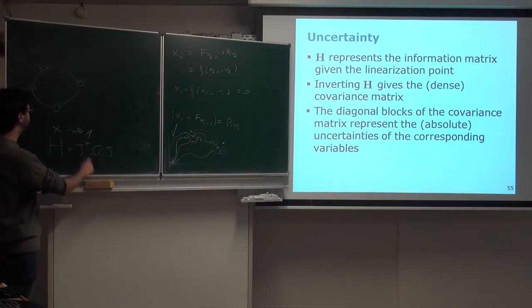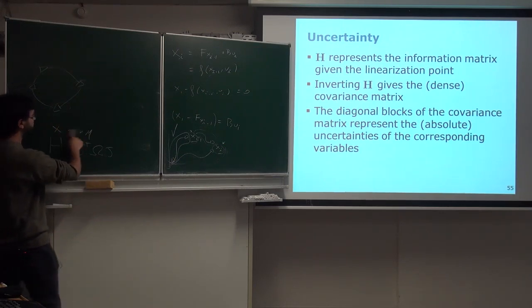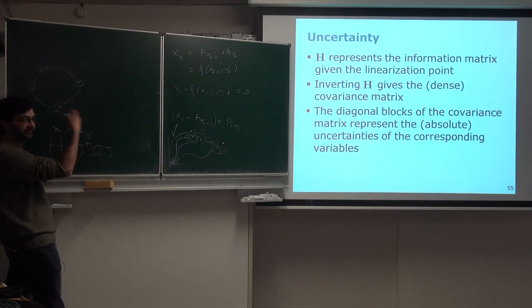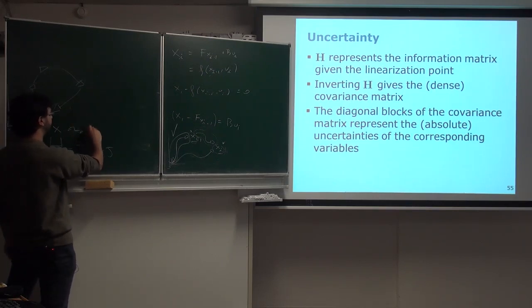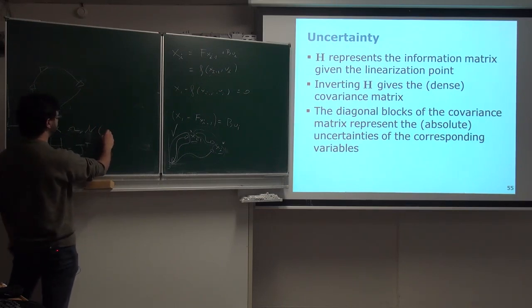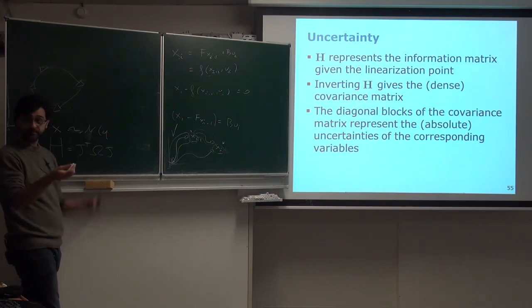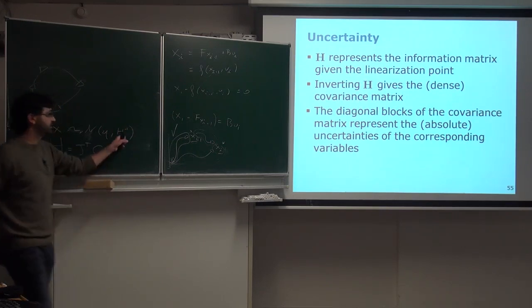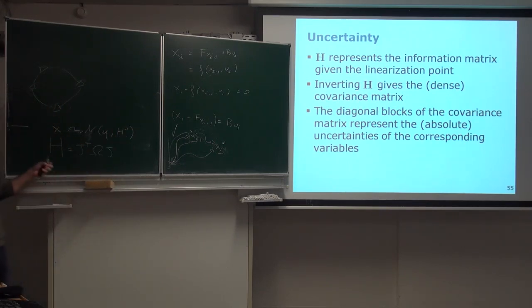So we can say that the state, the belief over the state, goes like a normal distribution, which has a mean that comes from the optimization. That's the result of the optimization algorithm. And then we have H minus 1, which is the inverse of the Hessian matrix at the solution.